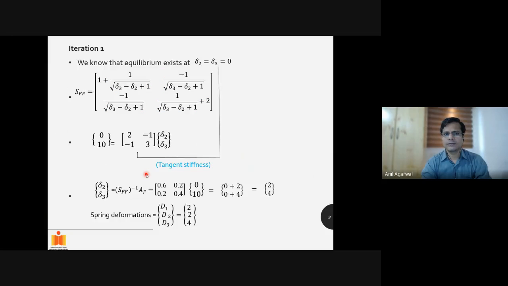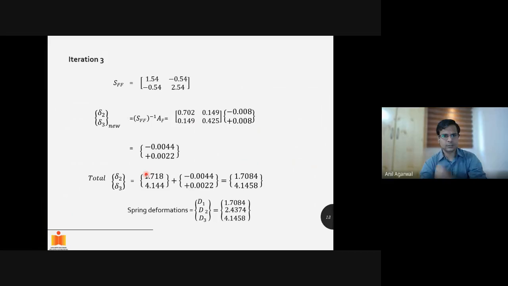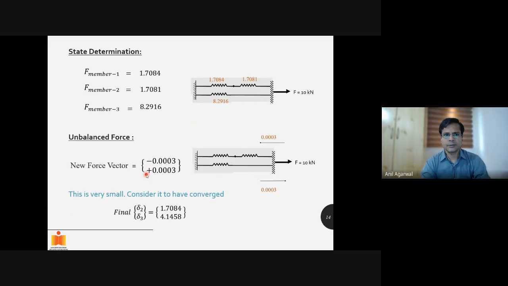We developed the stiffness matrices, followed all the steps that we had discussed, and did 3 iterations. By the end of the 3rd iteration, I believe, we had very small unbalanced forces, 0.003, in comparison to the 10 kilonewton that was applied. This unbalanced force is very small. So we could say that this is almost converged. Fine?